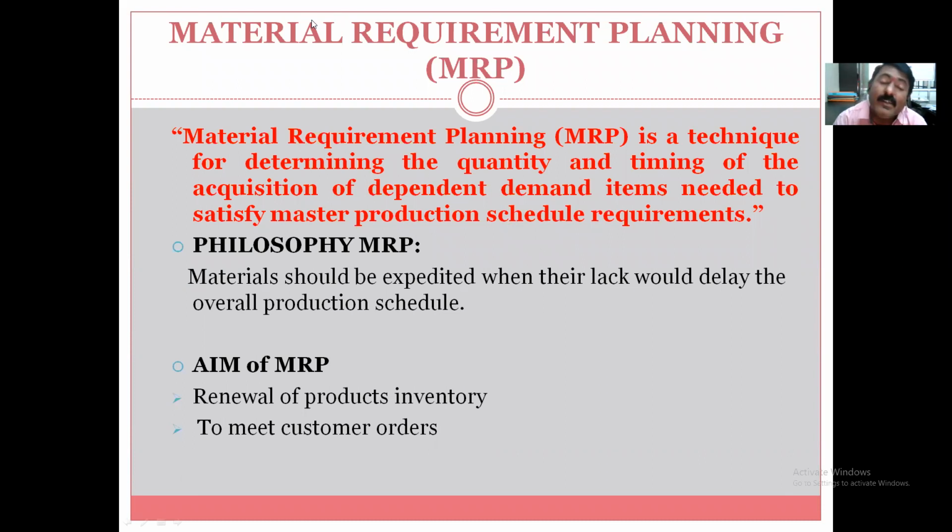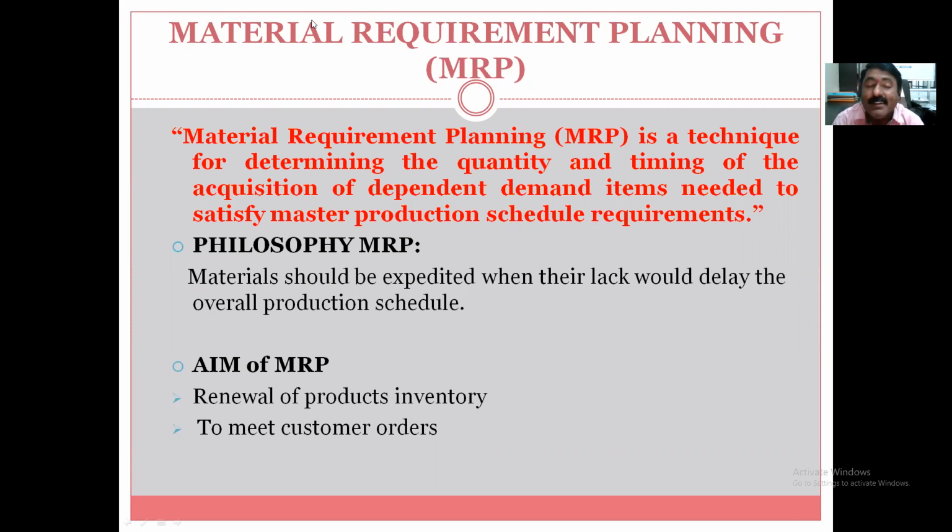And to meet the customer orders, very important, we are having orders in the market, the company is having good rapport in the market. So to meet the demand and to keep the good faith of good customer relationship, whatever dates are committed to the customer, the company should be in a position to dispatch the required quantity with appropriate quality to the customer.